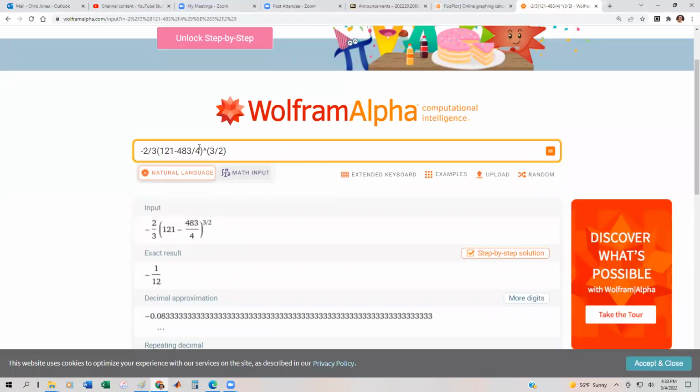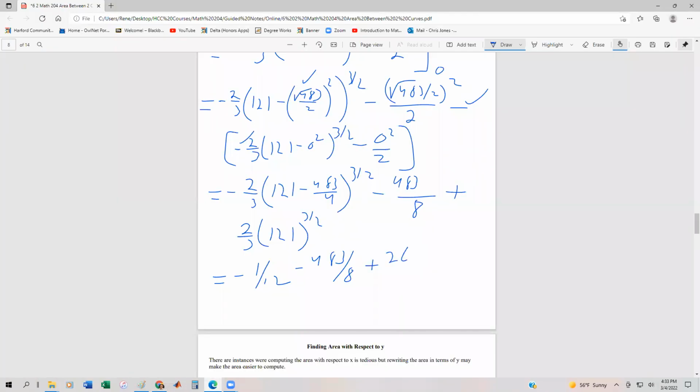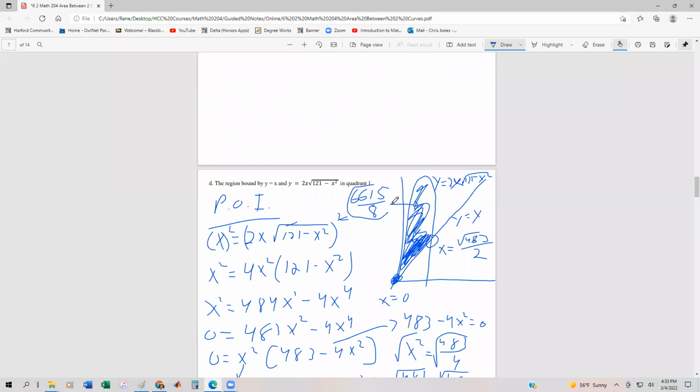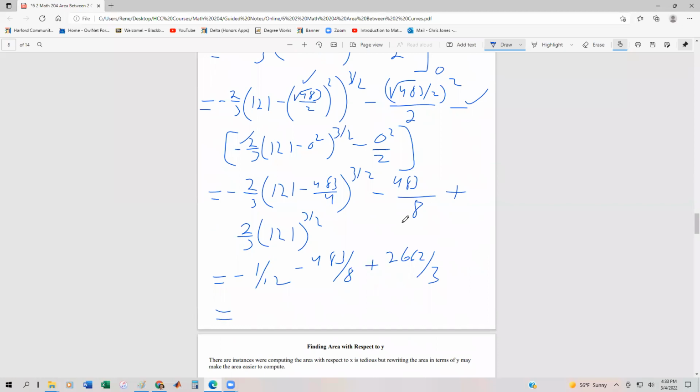So let's compute that. The negative goes away, and that's going to be 2662/3. So we know what the answer is. Remember a long time ago, this was what we hoped to be the answer, 6615/8. So let's make sure we get that. We're just going to plug in those three values to finish this off.